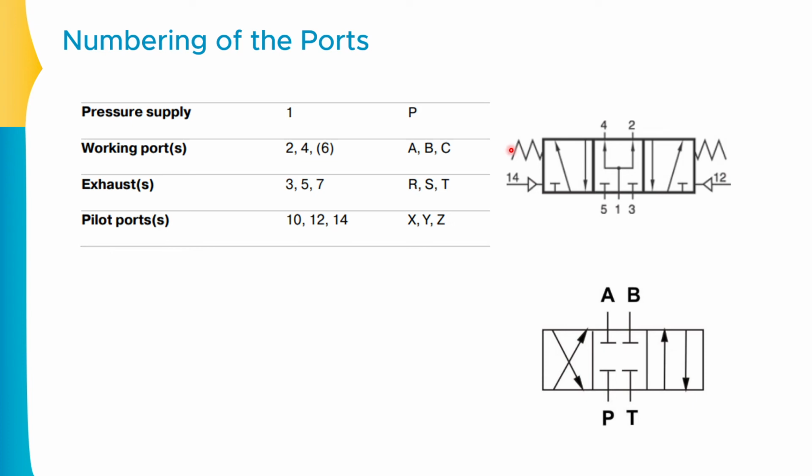Secondly, there are a total of 2 springs. This is one spring and this is the second spring. Whenever you see such a valve with springs at both sides, you can say this valve is a spring centered valve.